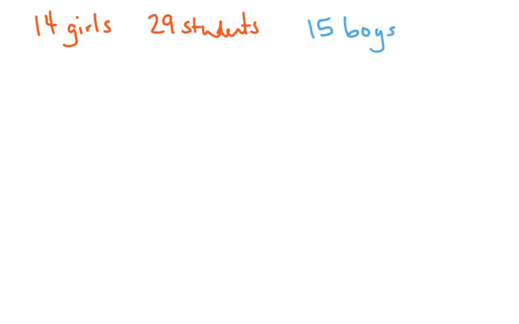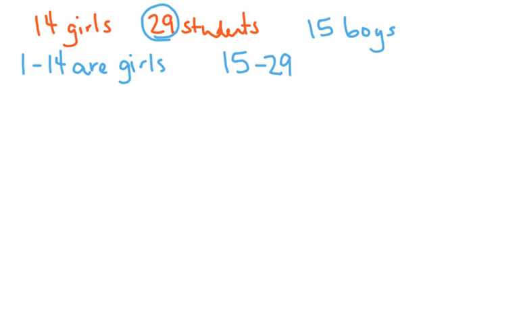So I'm going to use my calculator to randomly generate numbers from 1 to 29 because I have 29 students. And I'm going to assign numbers 1 through 14 to be girls, and I'm going to assign 15 through 29 to be boys.